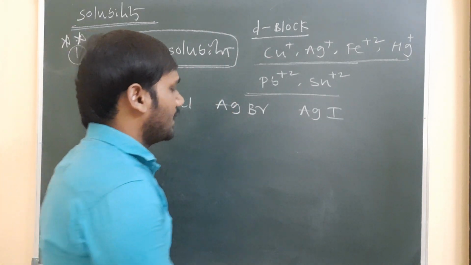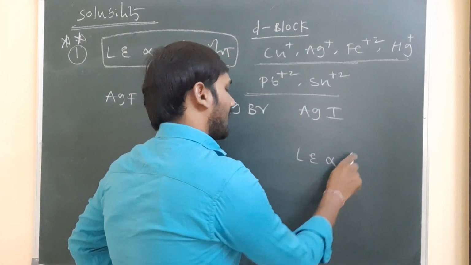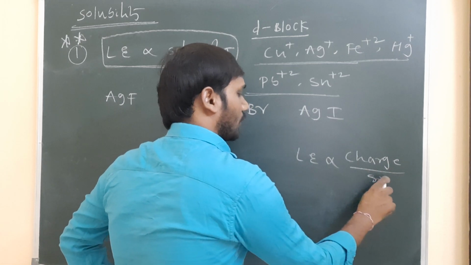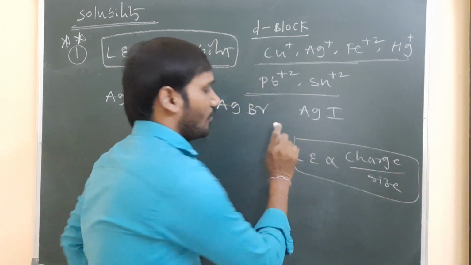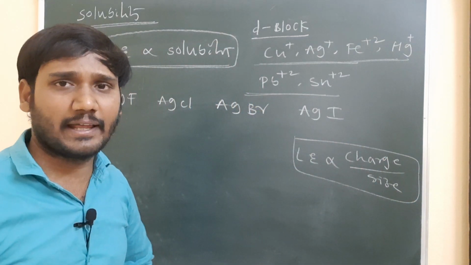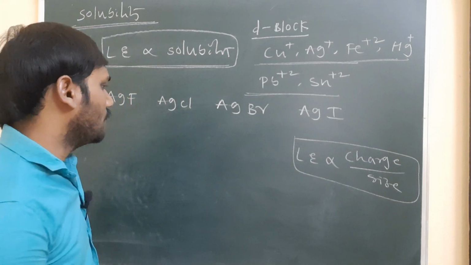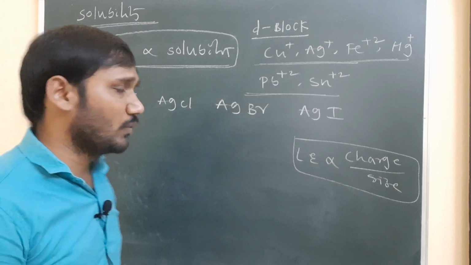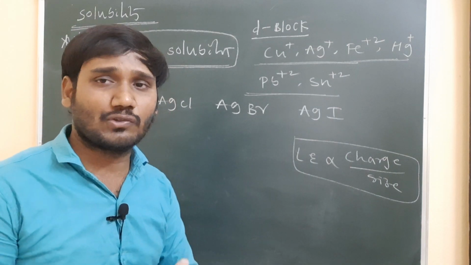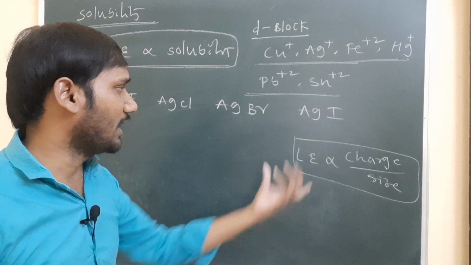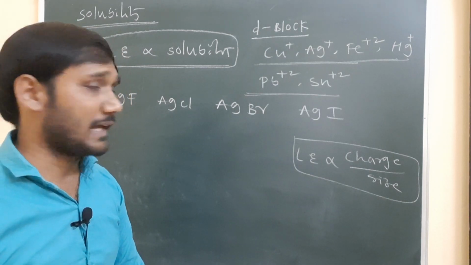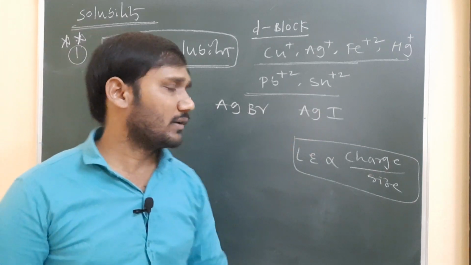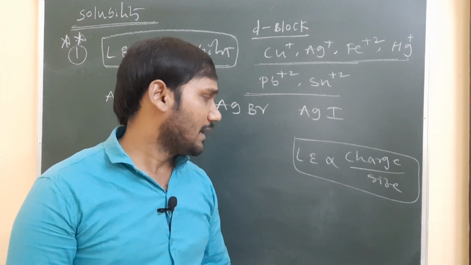Now, how can we decide the lattice energy? Lattice energy is directly proportional to charge and inversely proportional to size. Here the charge is the same, since everything is silver and the anions are all from the seventh group, so we go with size. From fluorine, chlorine, bromine to iodine, size increases top to bottom. Lattice energy is inversely proportional to size, so smaller size means higher lattice energy.